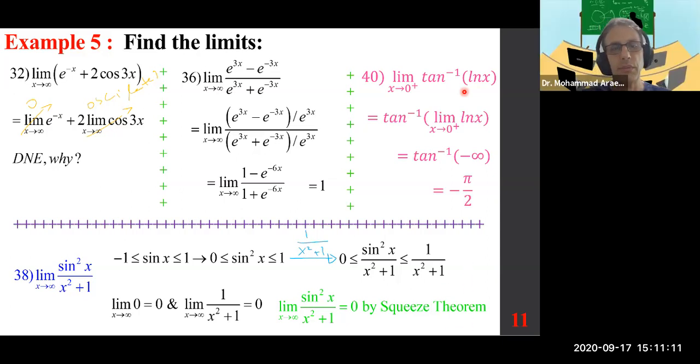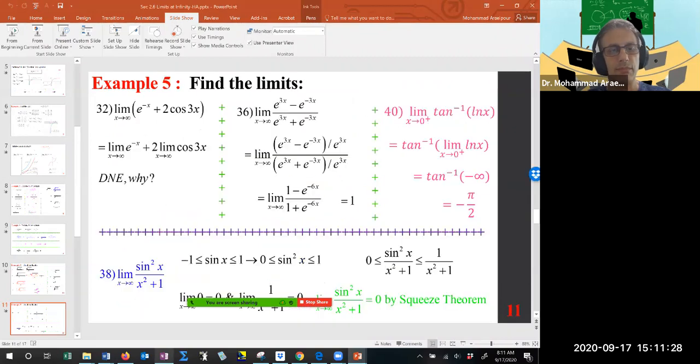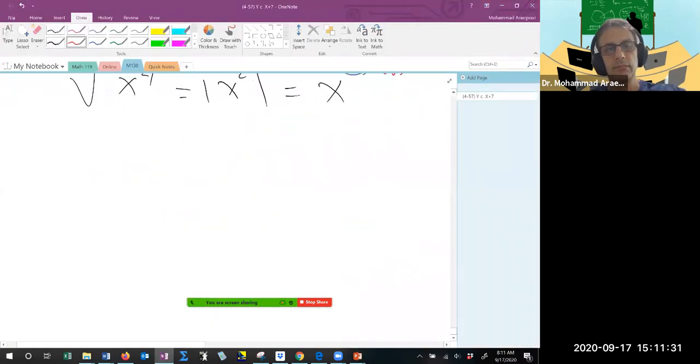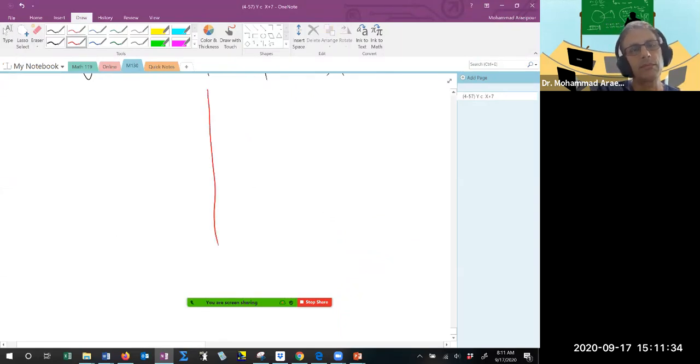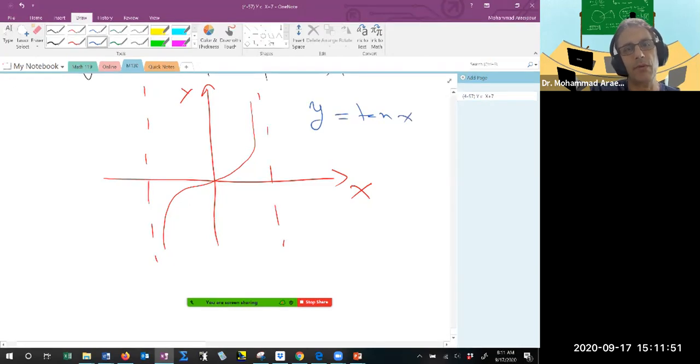So I'm going to refresh your memory about the graph, and it may be helpful. This is the graph of y equals tan x, okay? x equals pi over 2, x equals negative pi over 2.